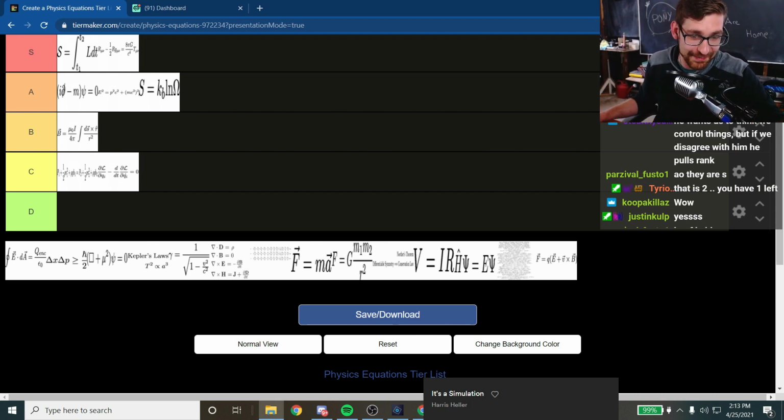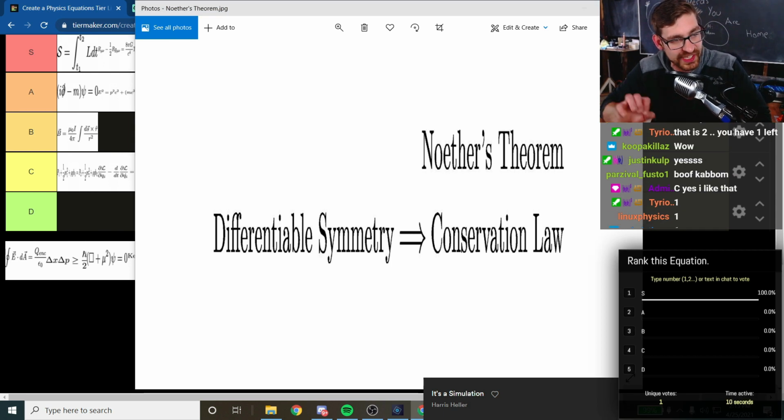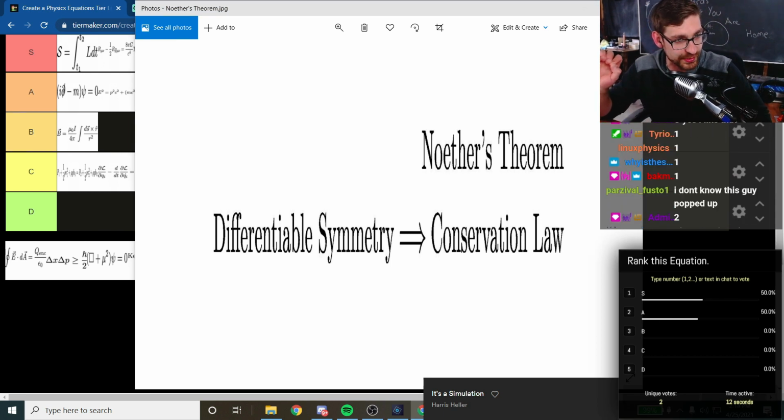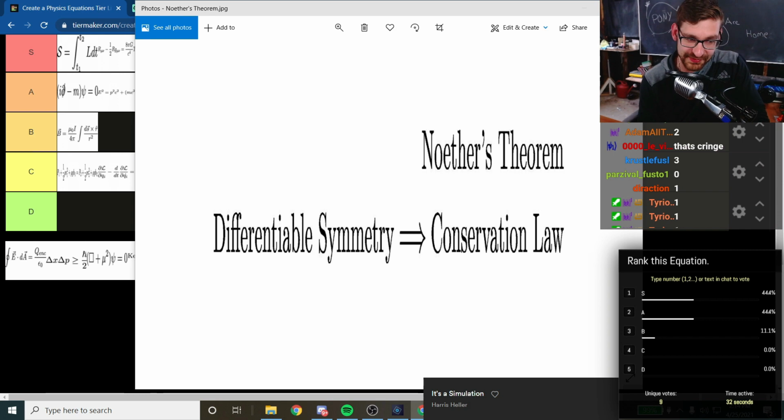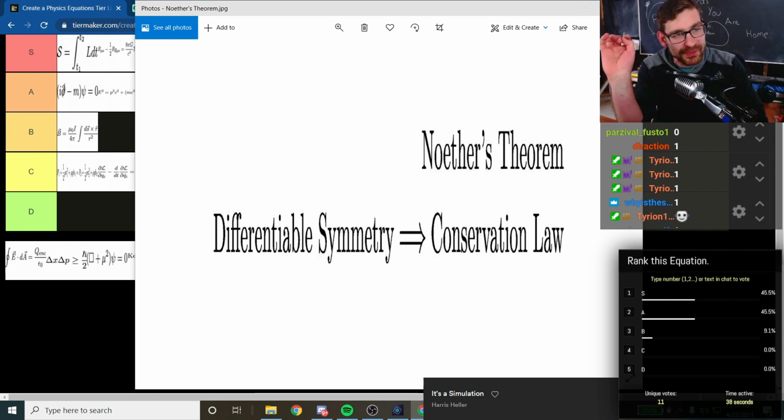Speaking of that, let's just skip to Emmy Noether's stuff before you guys have a riot against me. Emmy Noether's differentiable symmetries equal conservation laws. This comes from that equation. I think this one's huge. I will let chat decide this one. I will not participate in this one. We will let it go for a little while longer, but I am torn.